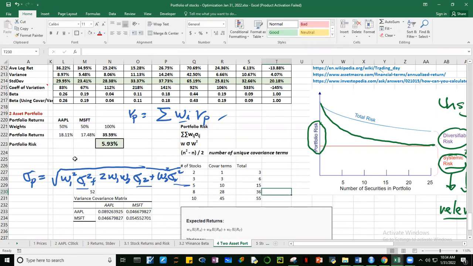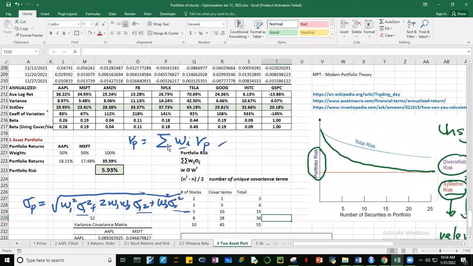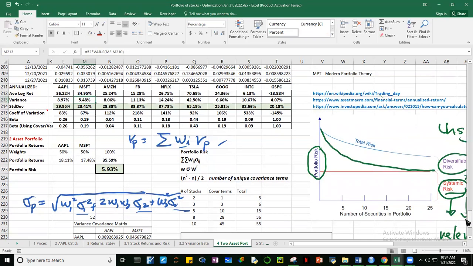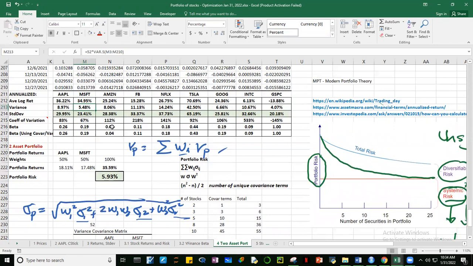Okay, now, so this is a portfolio risk, no? Now, you notice, guys, that usually dapat yung portfolio risk dapat mas mababa kaysa dun sa risk ng individual assets, no?